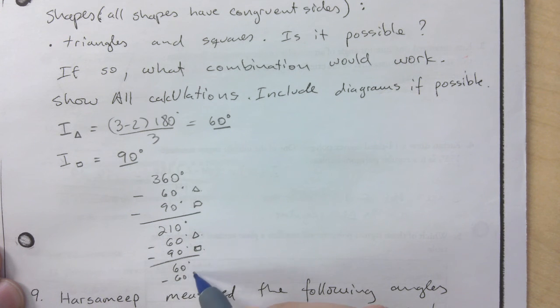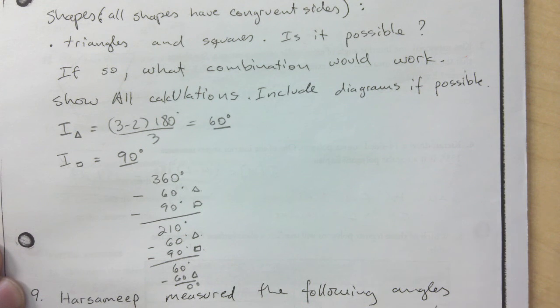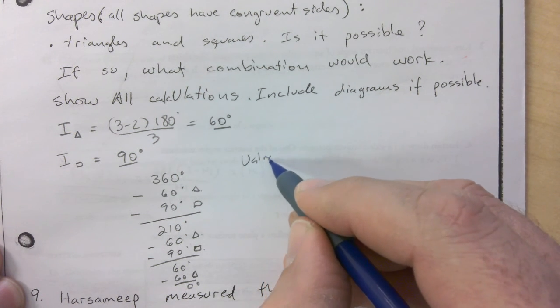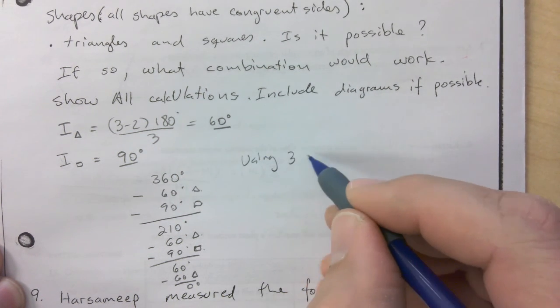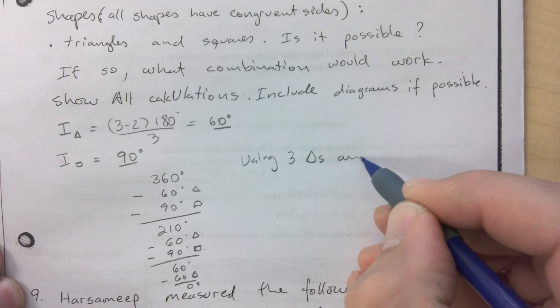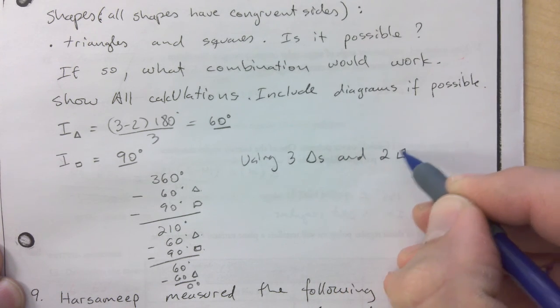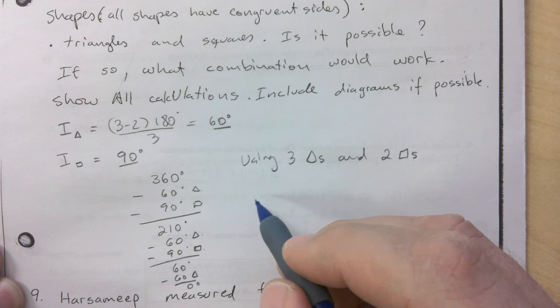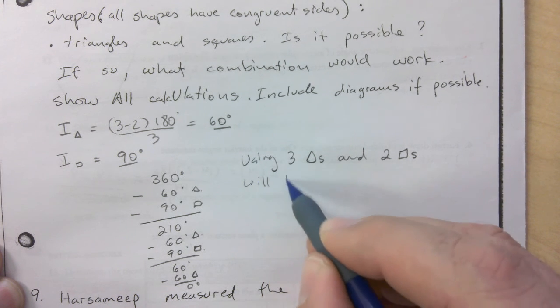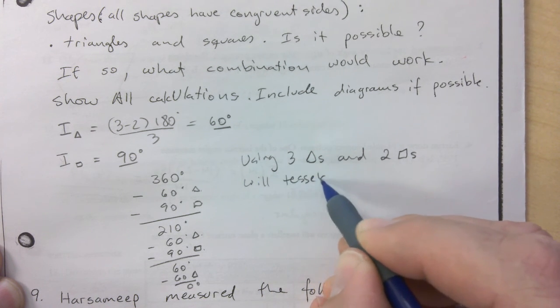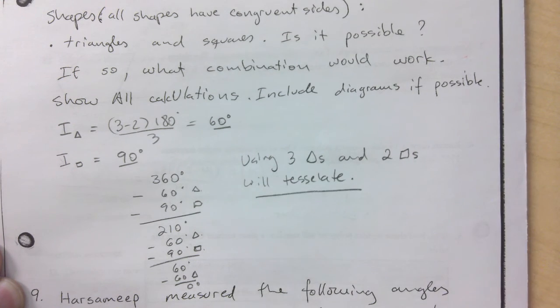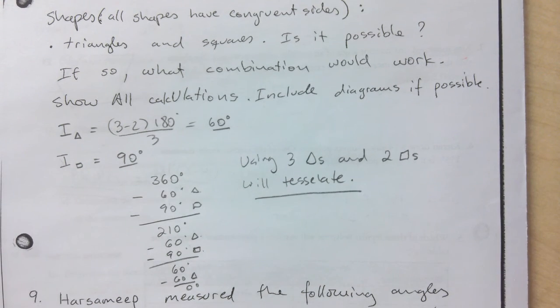So we're gonna use another triangle until you have nothing left. So using 3 triangles and 2 squares will tessellate. And there it is.